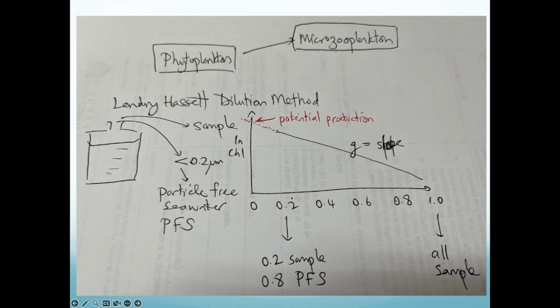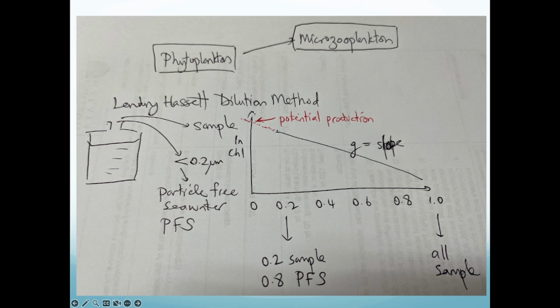So usually we set the highest dilution at 0.2, and from here we can extrapolate to the intercept at the y-axis, and this indicates the potential production, because this indicates the production of phytoplankton when there is totally no grazing, whereas the slope is equivalent to the grazing rate.